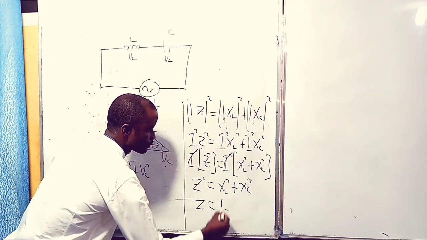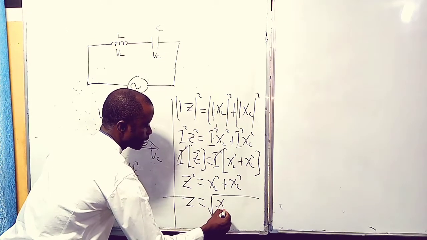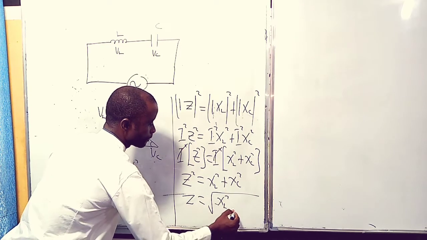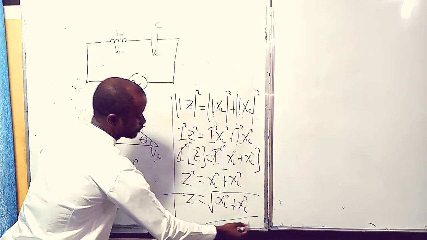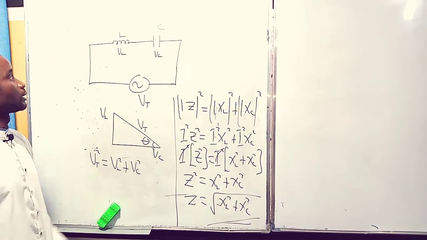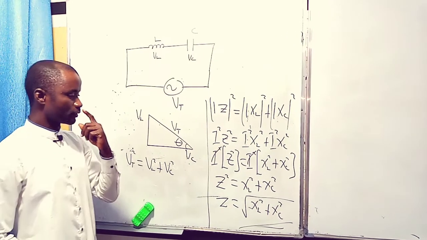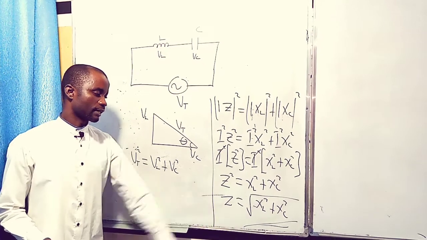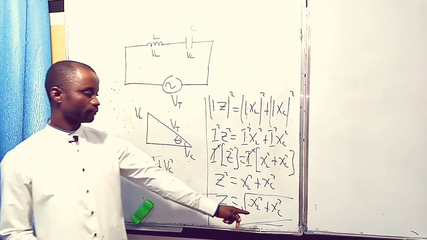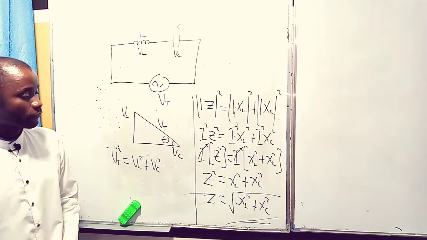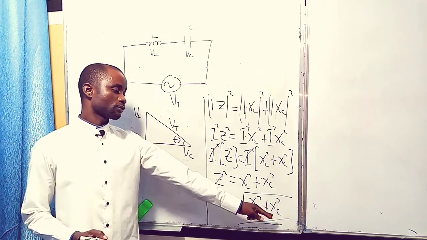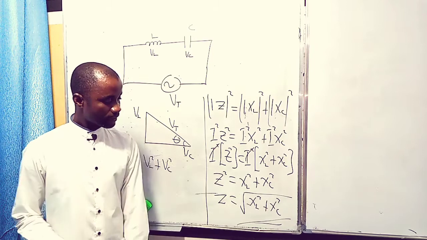Z now is equal to root of XL square plus XC square. Now when you have inductor and capacitor, the effective reactance is the square root of XL square plus XC square.